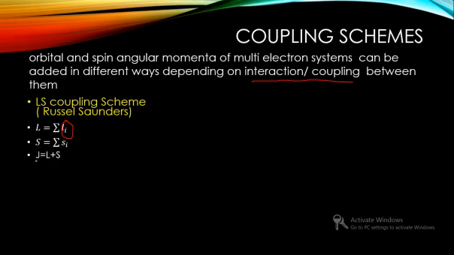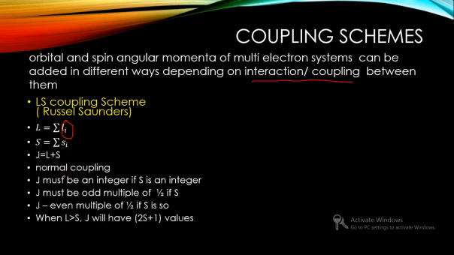The total angular momentum vector will then be the sum of the total orbital angular momentum and the total spin angular momentum vector, which was the normal way of coupling. The value of J, whether it is an integer or half integer, will depend upon S, because L is already an integer. So the effect will be due to the presence of half integers in the spin quantum number.